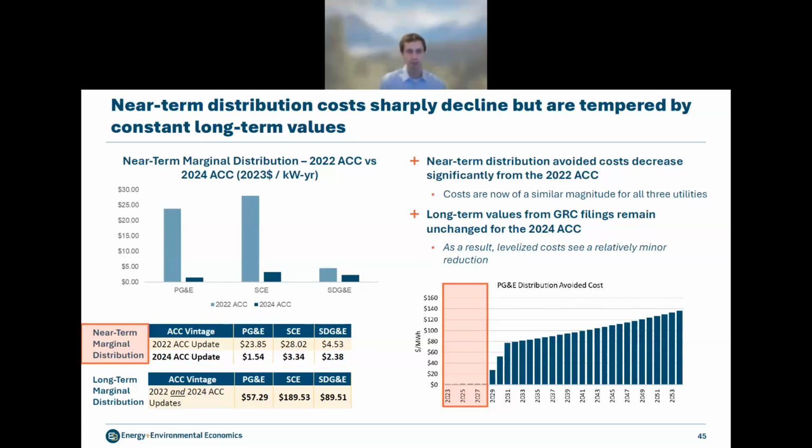But it is pretty consistent that the near-term costs you get from a bottom-up approach, which won't necessarily factor in all of the same additional expenses and long-term planning, are consistently very low in comparison to the top-down long-term approach. And the top-down approach, we tend to think of as really more of a high end, because it's not going to be isolating for specific factors that would guarantee that this capacity, or these upgrades, are explicitly avoidable by having these DERs on the system, which is a long way of saying it's not, frankly, perfect.